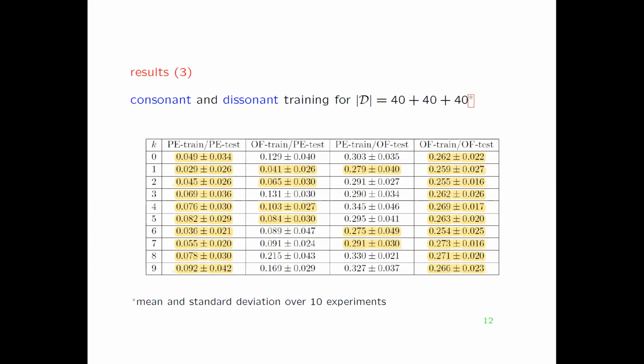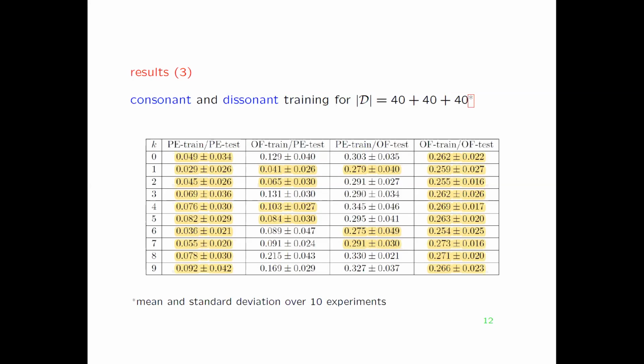I tried to highlight only when there is some significant gap between the two performances. For dissonant training we had a slightly better performance for conformal training compared to prediction error, but this is a really tiny thing.